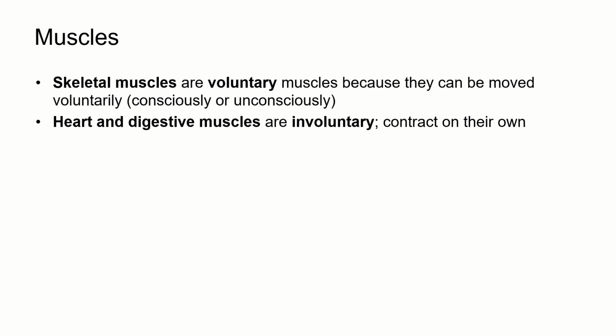In fact, the digestive muscles have their own separate myenteric nerve plexus to control their contractions. So all the involuntary muscles, the heart and the smooth muscles, are controlled by the involuntary nervous system. But this chapter, we're going to talk just about the skeletal muscles.